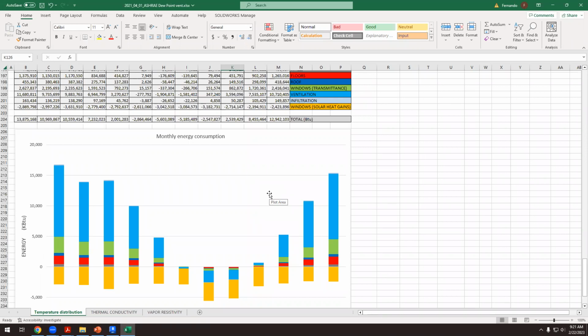Okay, so that simple formula, energy equals power times time. That's all we need. And that is very useful because we pay the energy that we consume.